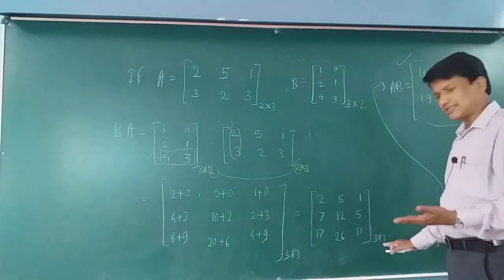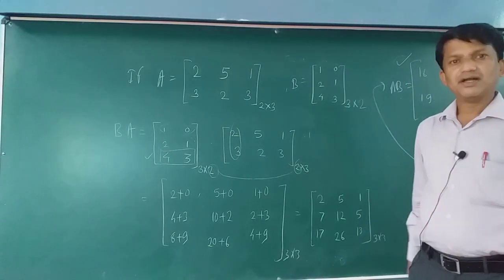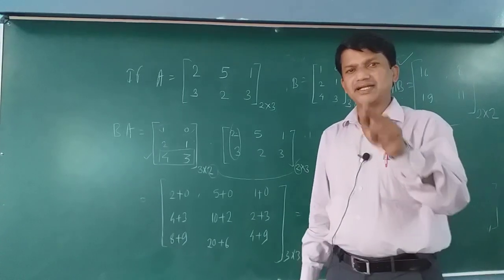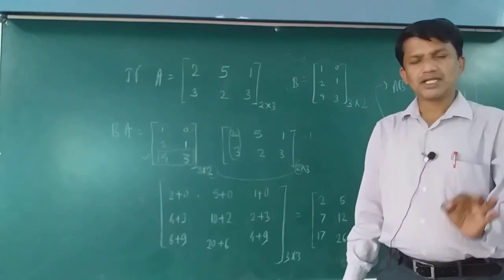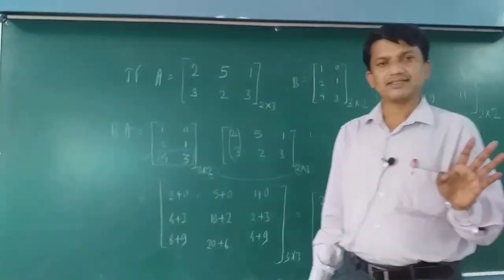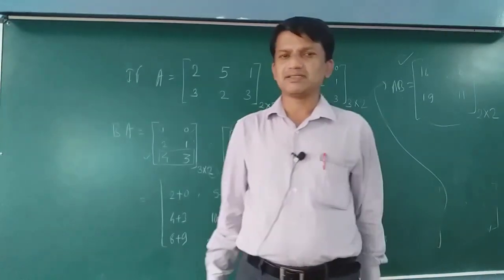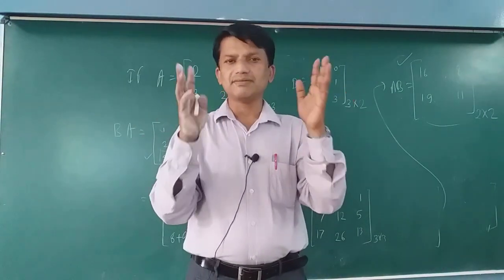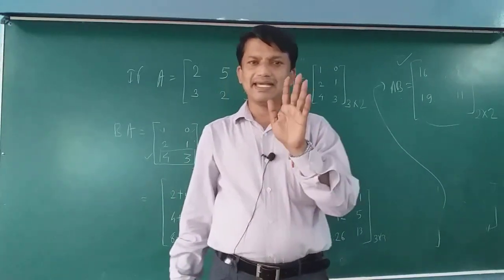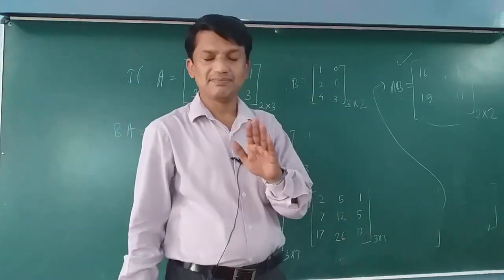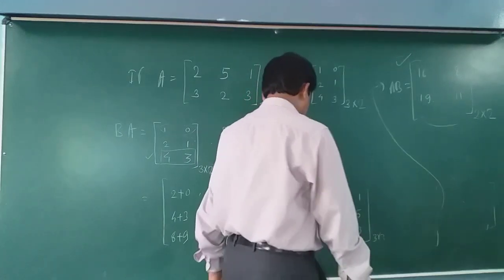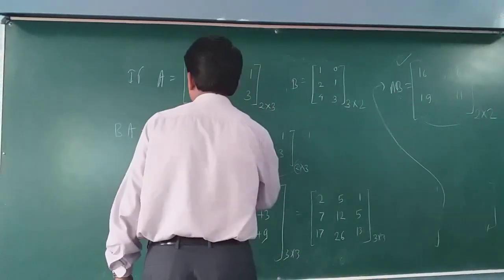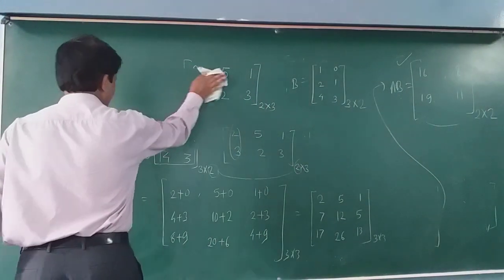This order is 3 by 3, totally different. Which means, in general, AB is not equal to BA. But in some examples, if A is a matrix and B is a matrix, AB and BA can be equal. In general, in some cases, there will definitely be some relation between them. Okay.